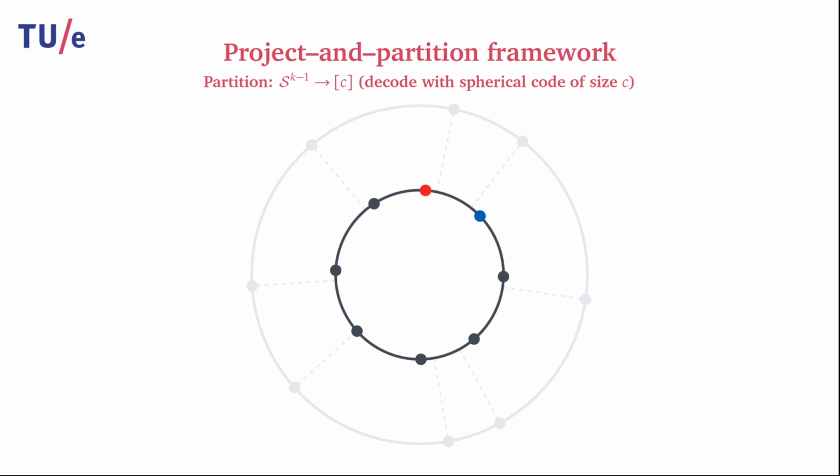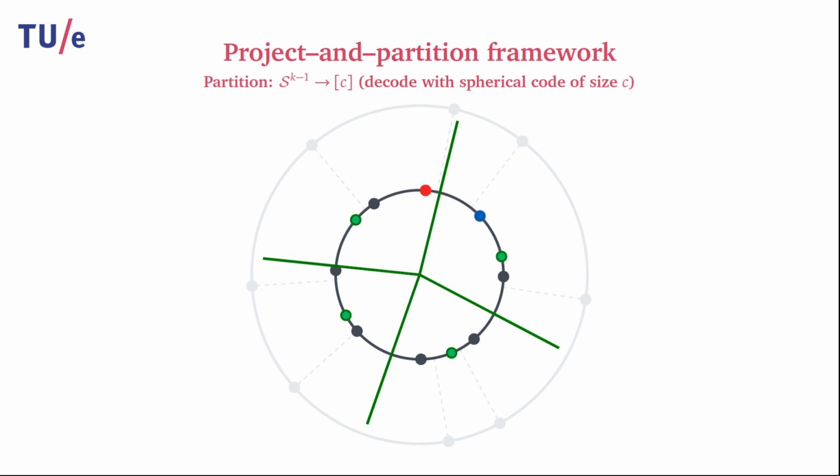Maybe it's easier to partition this low dimensional sphere into regions, because it's easier to see what's going on in 2, 3, 4 dimensions, etc. To partition this low dimensional sphere into regions, we will assume the following model: we take a spherical code, indicated by these 4 green points here, and then we look at the Voronoi cells induced by these 4 points. So in this 2-dimensional case you get a partition of the circle into 4 regions, and they are the 4 regions that you get from this hash function.